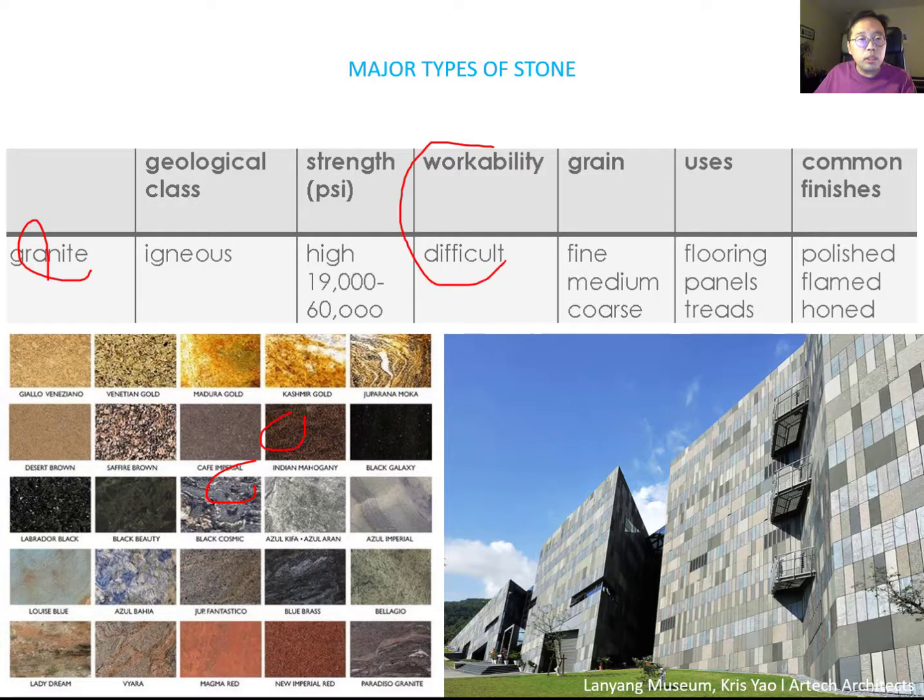However, the workability is very difficult. For this reason, granite is mostly cut in rectangular shapes. It is very difficult to cut organic shapes because of the durability. So it is a great exterior material, but it has limited form-making ability.